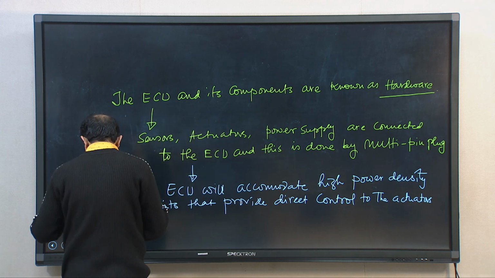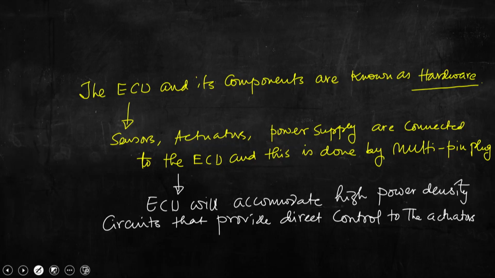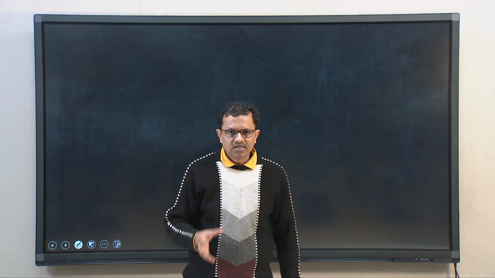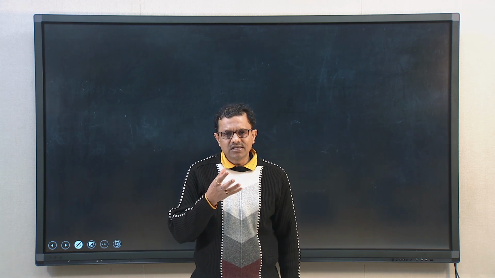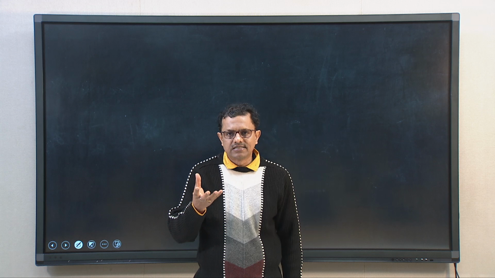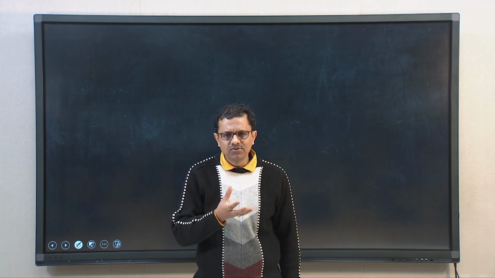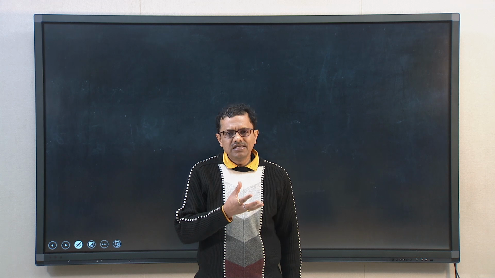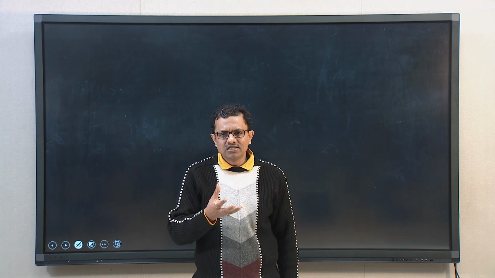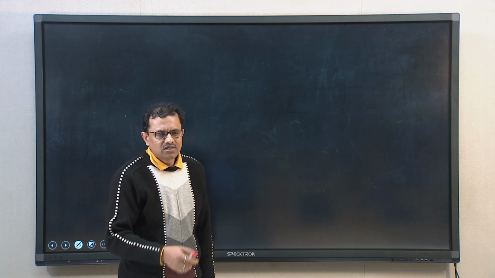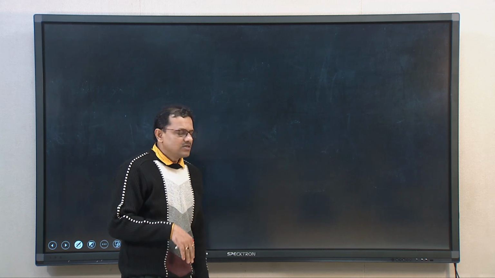Okay. Now, let us briefly discuss the signals. So, ECU will receive signal and it will also generate signal. So, input to the ECU is signal, or inputs are the signals, outputs are also signals. So, let us discuss this part.